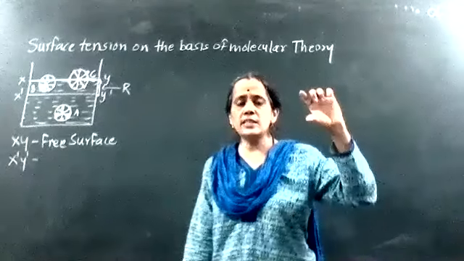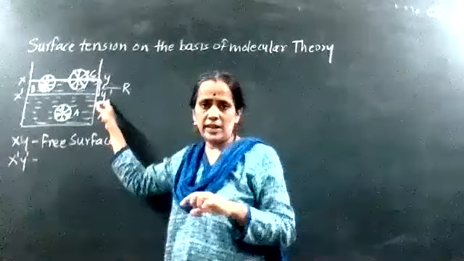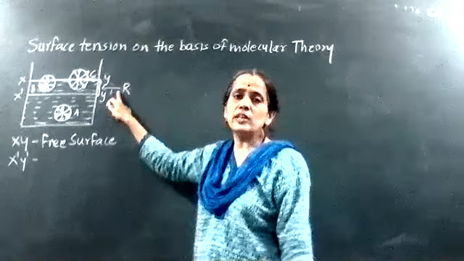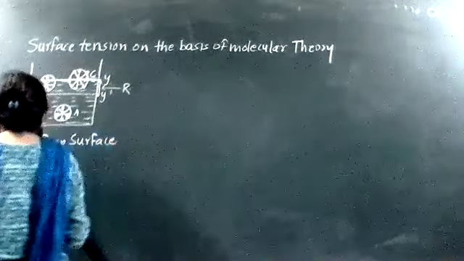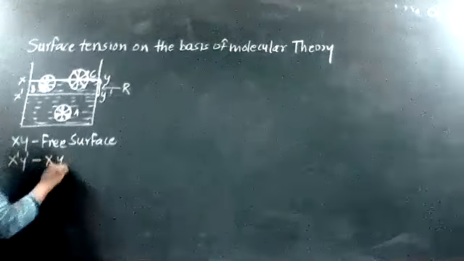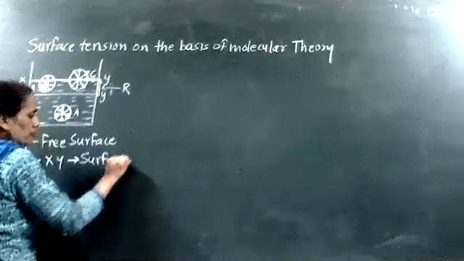So the thickness between the XY free surface and X dash Y dash is equivalent to the intermolecular range. And therefore, I can say that the region between X dash Y dash and XY, I am going to call it a surface film.